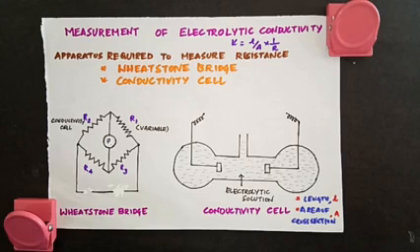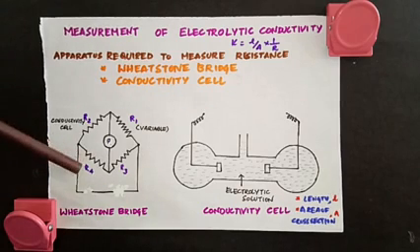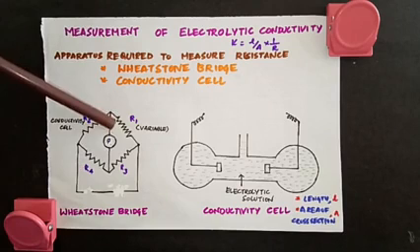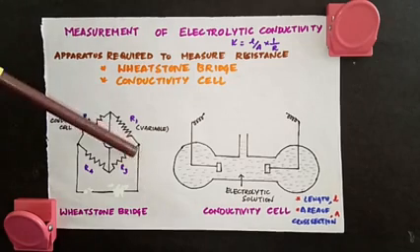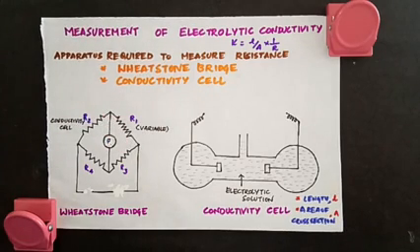And the second problem is, with the Wheatstone bridge, which you would have studied in physics, you can find the unknown resistance of a metallic wire by connecting it in the fourth arm. But here we are talking about electrolytic solutions. How to connect that solution to this bridge? Both these problems are solved.